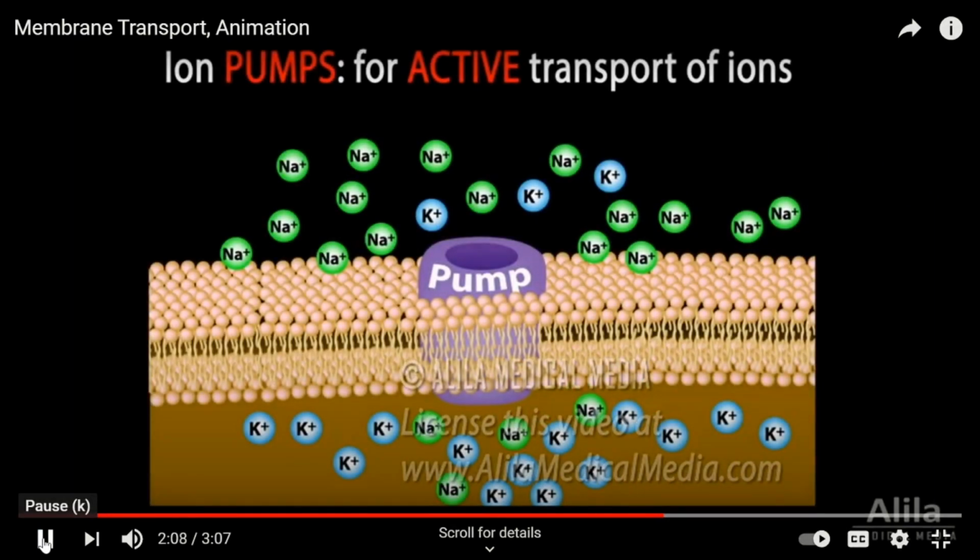Active transport of ions is carried out by ion transport pumps. Next is pumps for active transport. They let the ions move against the concentration gradient. We know that sodium is the predominant ion outside and potassium is the predominant ion inside. From a region of higher concentration to lower concentration, everything can move.